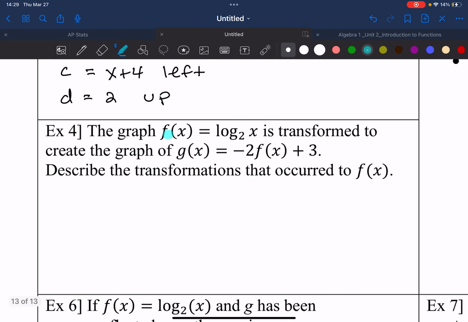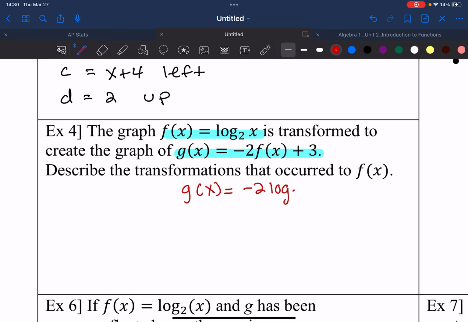Number 4, I have f of x is equal to log base 2 of x, and then my transformed g of x. Notice that they did a little shortcut by doing f. So I have g of x is equal to negative 2 log base 2 of x plus 3. And then I have to label my a, b, c, and d.